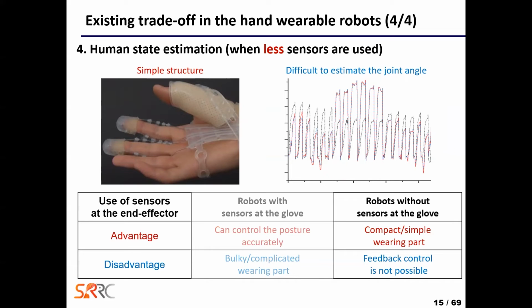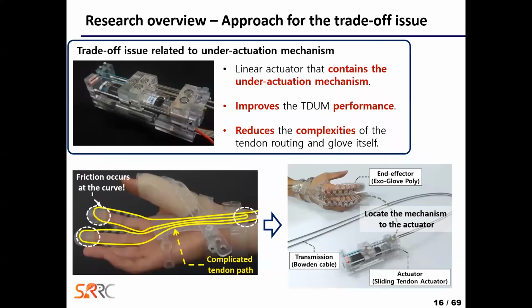Also, due to this reason, it was not possible to control the robot using these estimated joints. So my researches are all related to the methods of solving the trade-off between the robot functionality and usability that I explained in my previous slides.